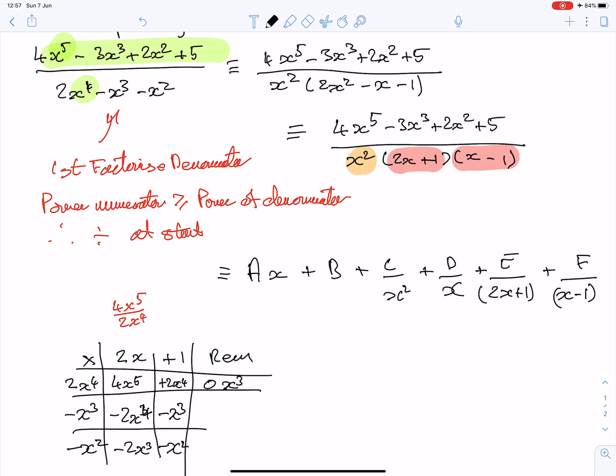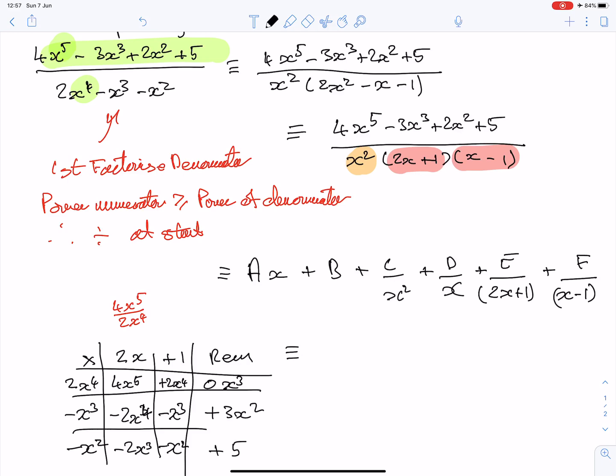Well, that was quite nice. Here we've got minus an x squared, but our numerator has got 2x squared, so we've got to add 3x squared. And we've also got plus a 5 on the top. So we've now got our a and b.